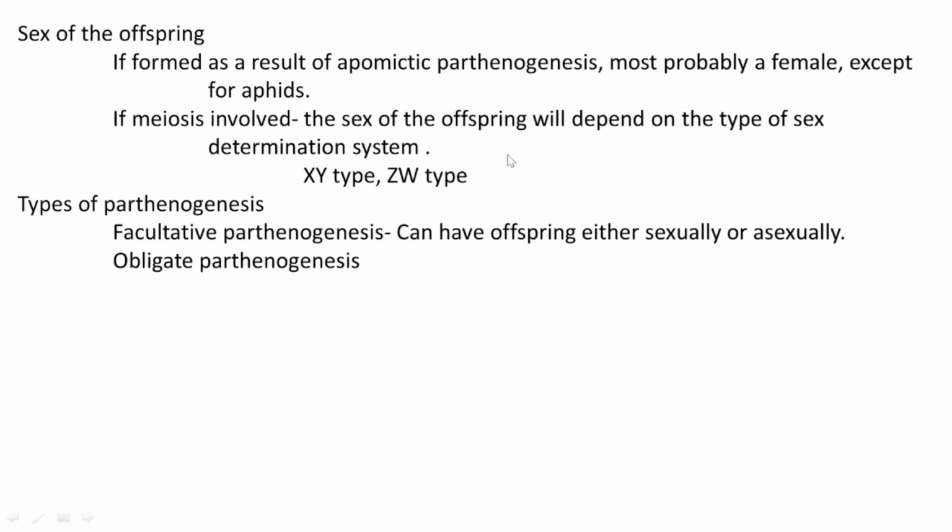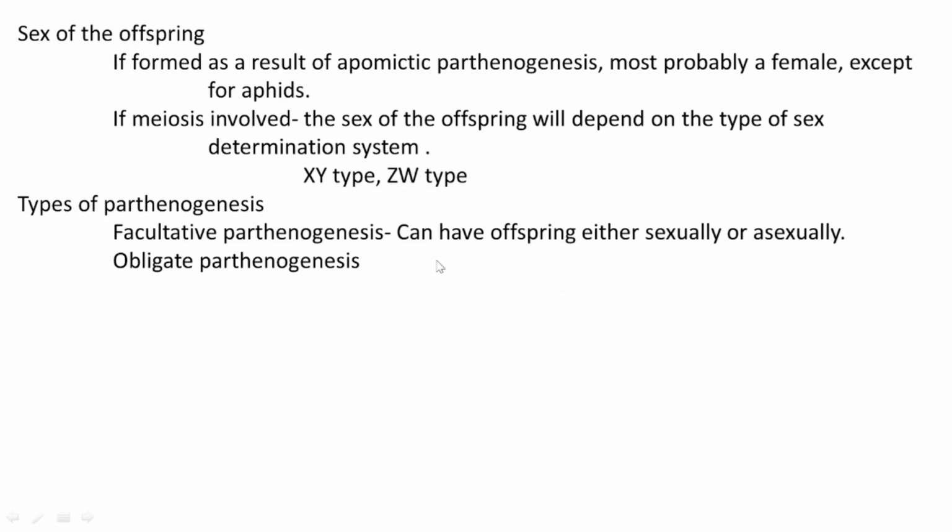Next, the types of parthenogenesis. Parthenogenesis is of two types: facultative parthenogenesis and obligate parthenogenesis. Facultative means the species can have either sexual or asexual reproduction, depending upon the situation and conditions available.